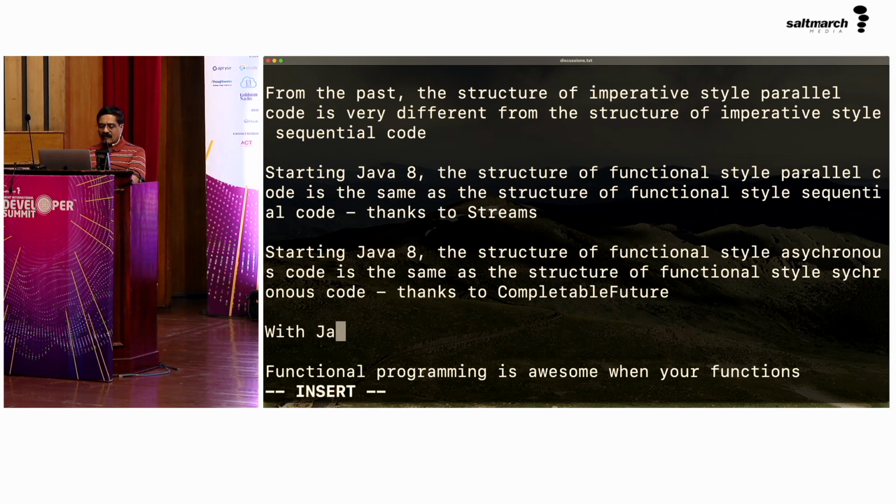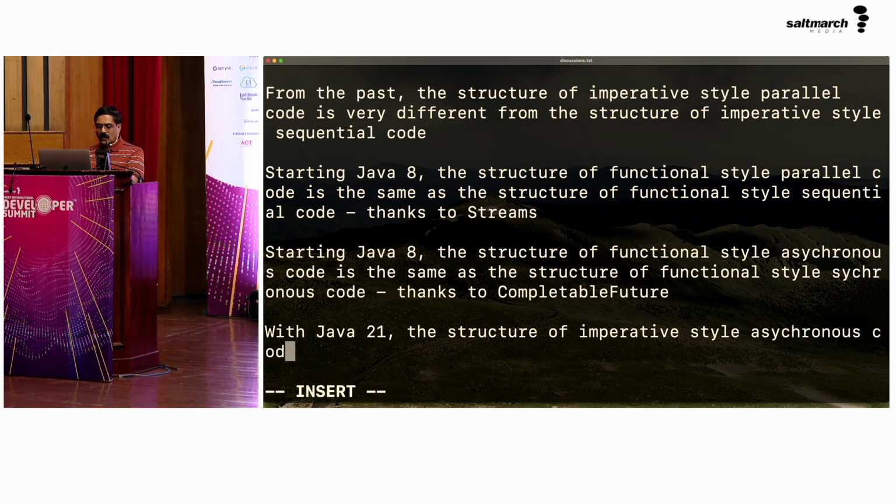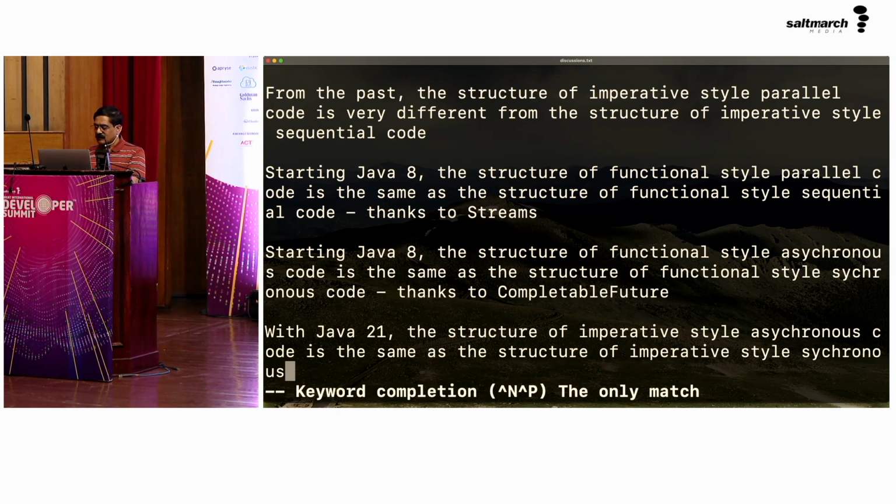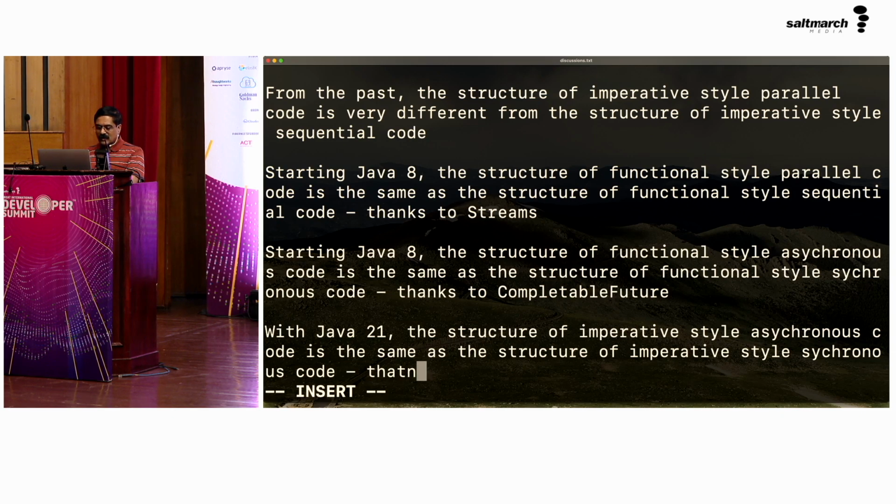With Java 21, the structure of imperative style asynchronous code is the same as the structure of imperative style synchronous code. Thanks to whom should we thank? Virtual threads. Hope that was useful. Thank you.